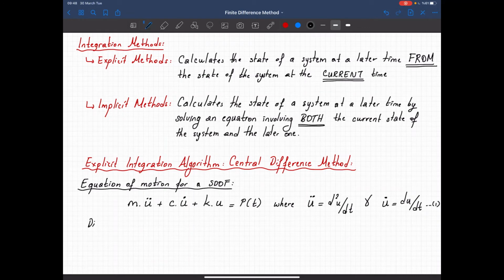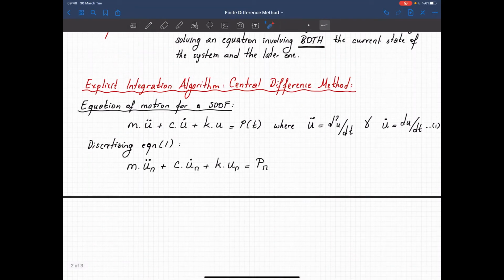So if I discretize the equation with respect to the time domain, at every time instant n, this equation should be satisfied: m times u double dot n plus c times u dot n plus k times un should be equal to p n.